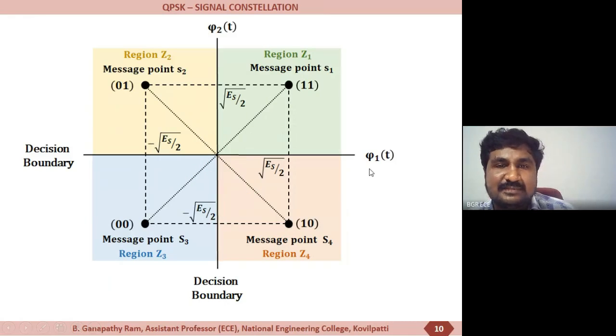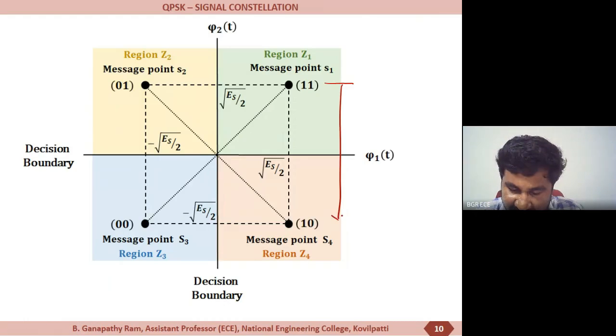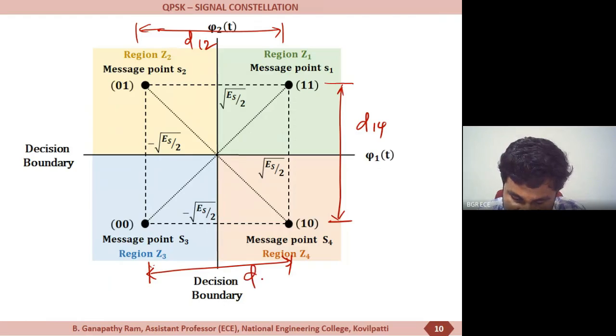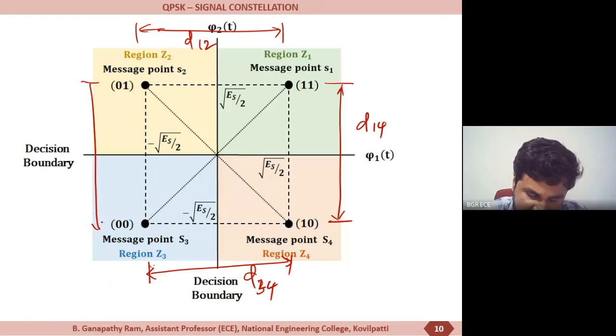And now the distance between each of the message points is called the Euclidean distance. This is D12, this is D14, this is D34, and this one is D23.